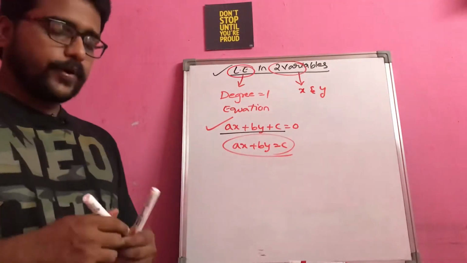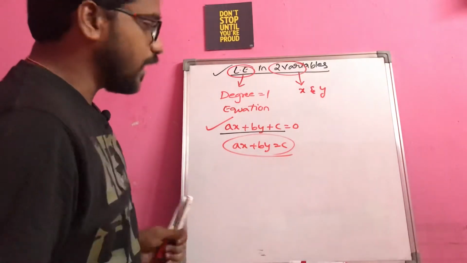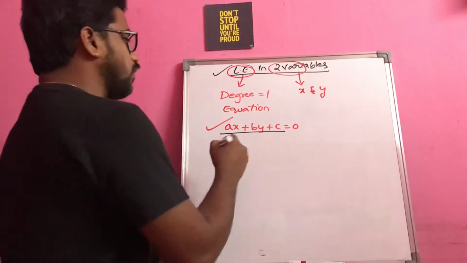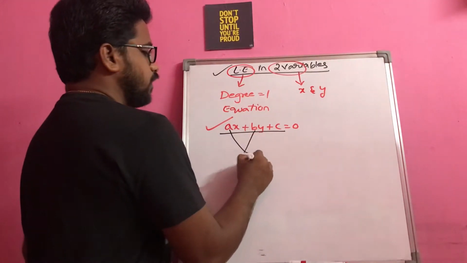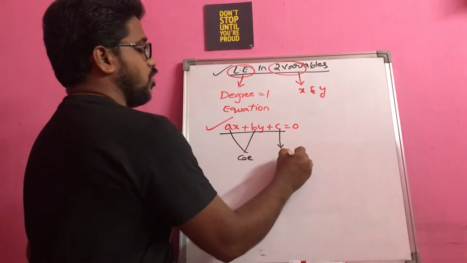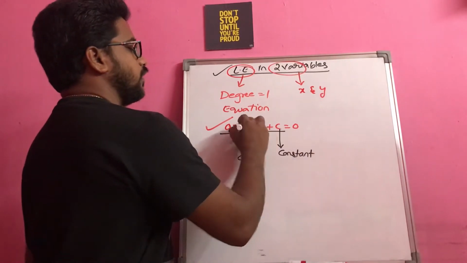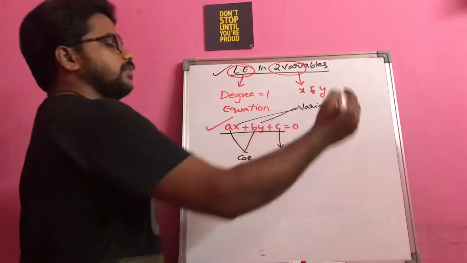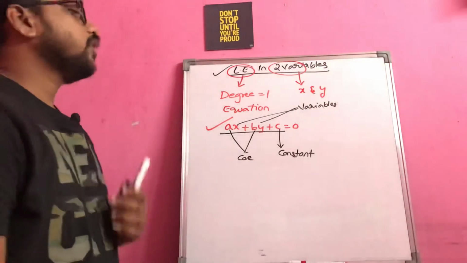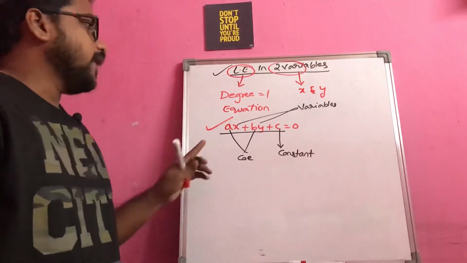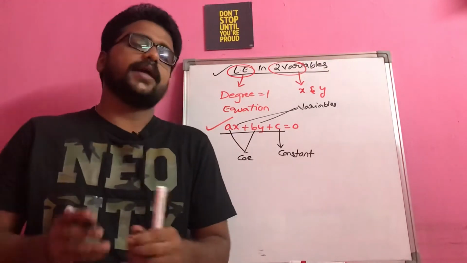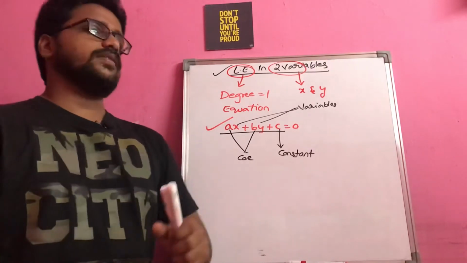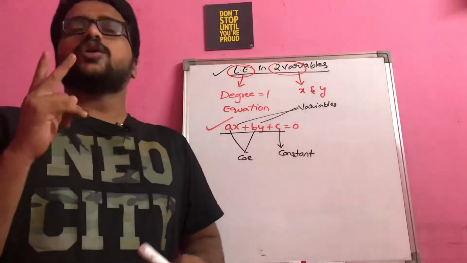This basic point we already discussed in our previous videos. a and b are called the coefficients here, whereas c is called a constant, and x and y are nothing but variables. These things we already learned in our very basic classes. So here as you have two variables and highest degree is 1, that's why we name these equations a linear equation in two variables.